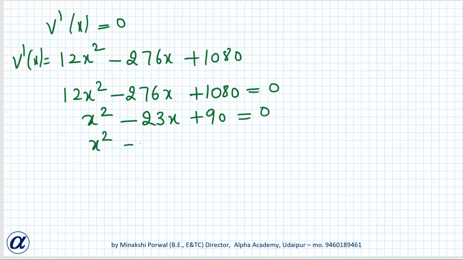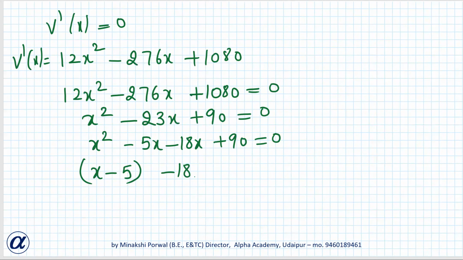So it is (x minus 5)(x minus 18) equals 0. So x equals 5 and x equals 18. These are the points.